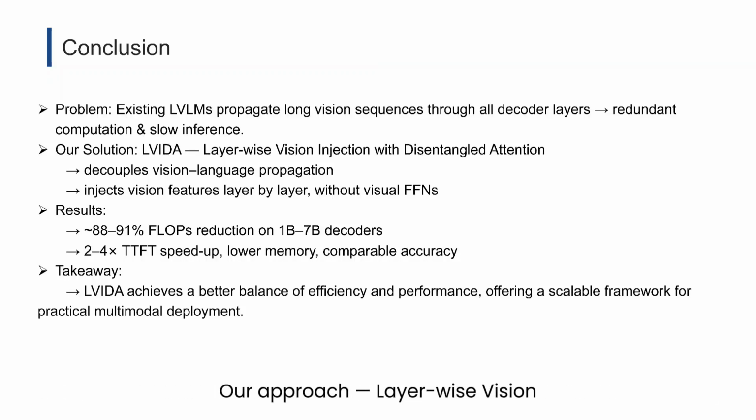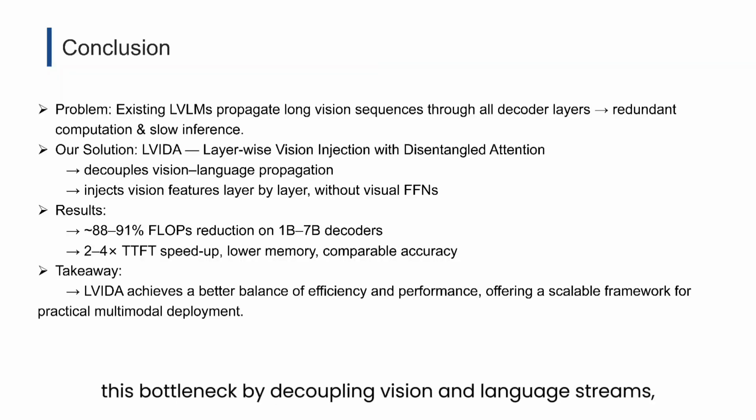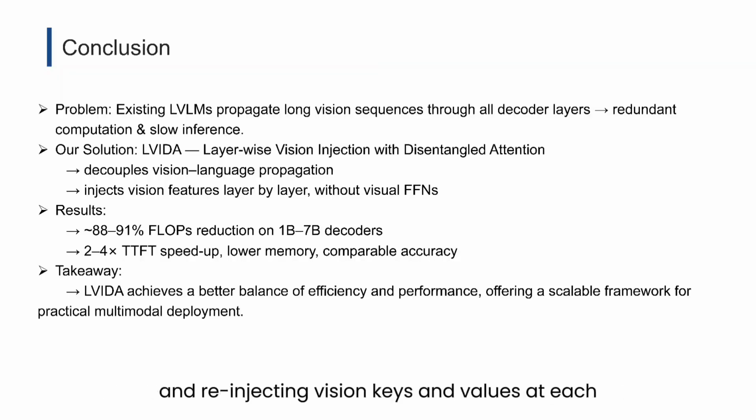Our approach, layer-wise vision injection with disentangled attention, removes this bottleneck by decoupling vision and language streams and re-injecting vision keys and values at each layer without visual feed-forward propagation. As a result, LVIDA reduces decoder FLOPs by roughly 90%, accelerates the time to first token by 2 to 4 times, and lowers memory consumption, all while maintaining accuracy on diverse benchmarks.